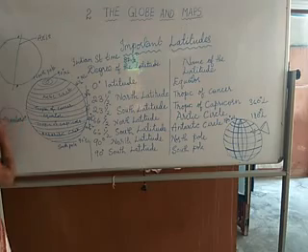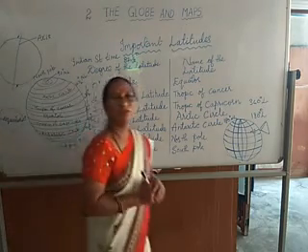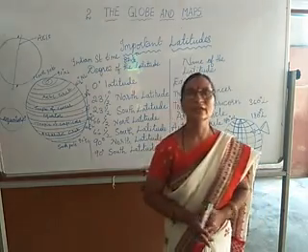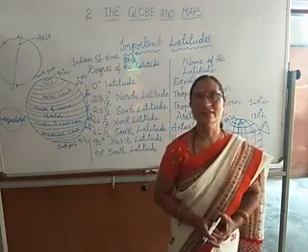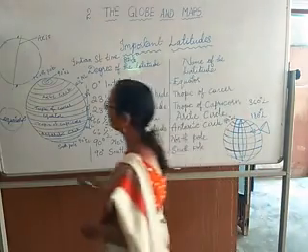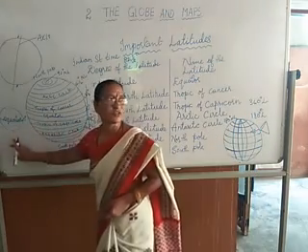It is dividing the globe into two equal halves. From the equator to the north pole is called the northern hemisphere and from the equator to the south pole is called the southern hemisphere.